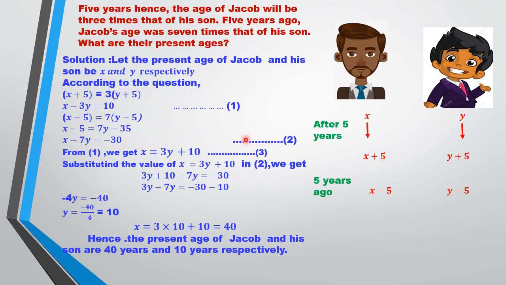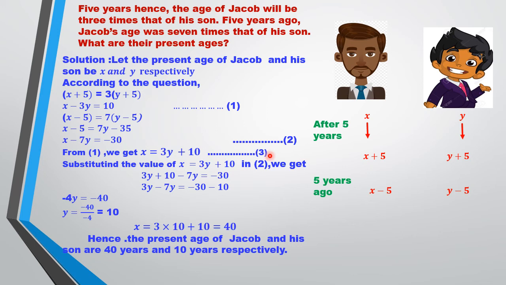Now the third step is to find the value of x, because here begins the substitution method. And the first step in substitution method is to find the value of x. So from where shall we find the value of x? Yes, from equation 1. x is equal to 10 plus 3y. We have transposed 3y to RHS, and here it is.